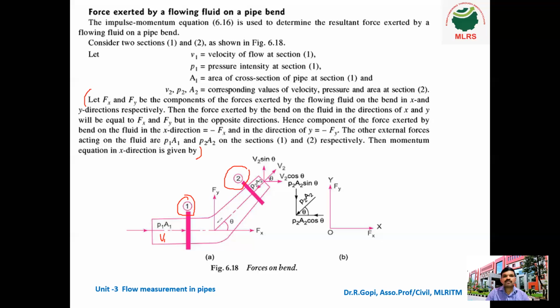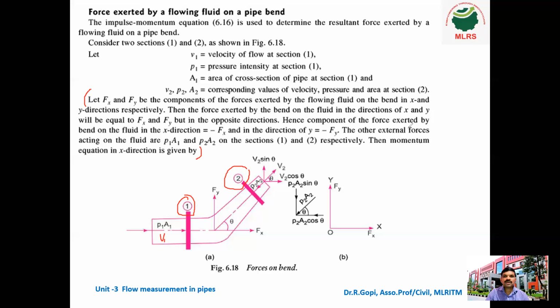What is the meaning of this? It is the force exerted by the bend on the fluid. Assume water is flowing in the pipe; when it strikes the bend, opposite forces occur, acting in the opposite direction.